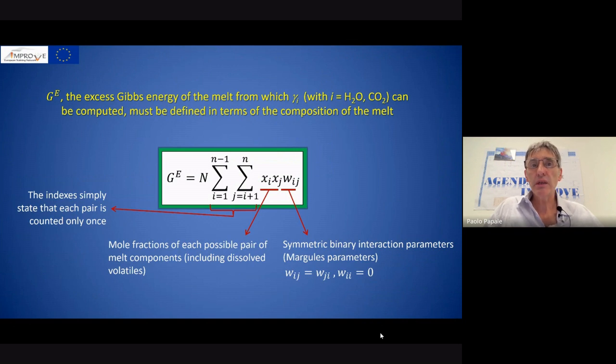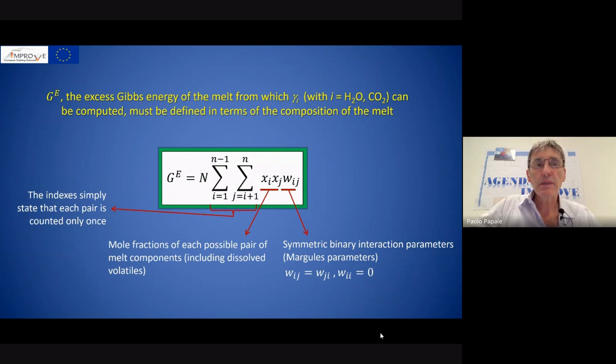In the first case, the interaction between the components i and j is described by just one coefficient, while in the second case, that of non-symmetric binary interaction parameters, that interaction is described by two coefficients.